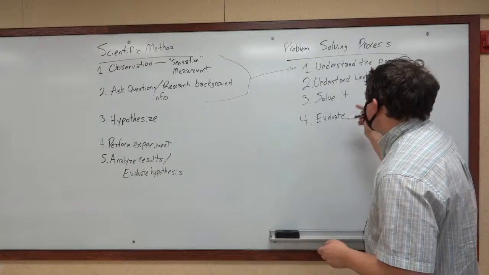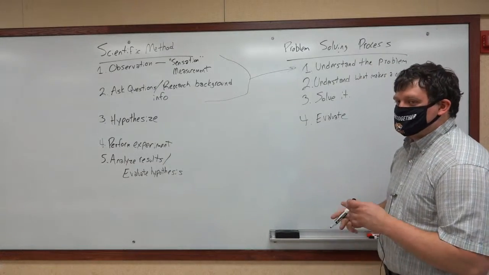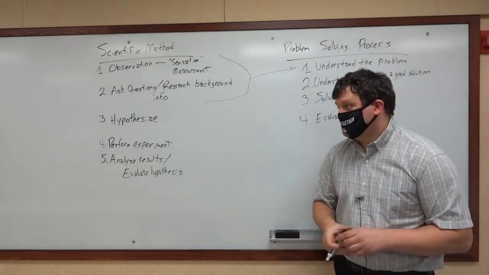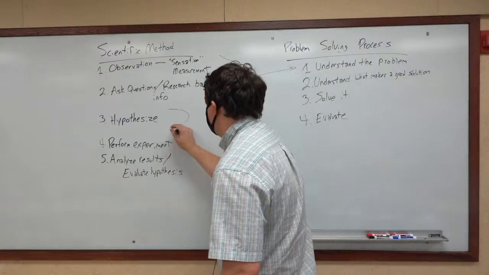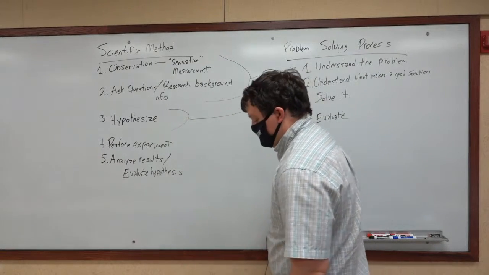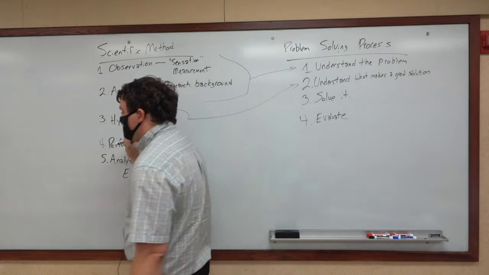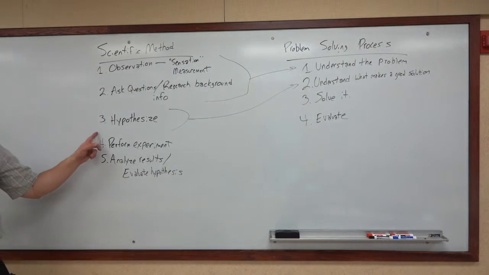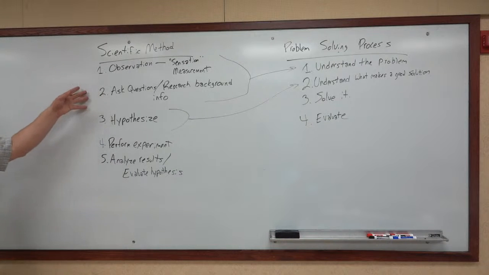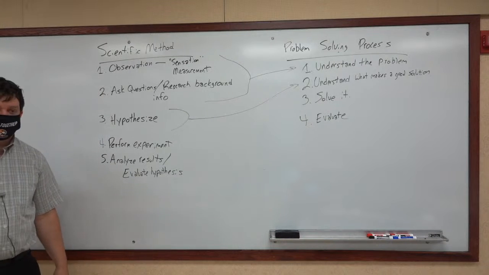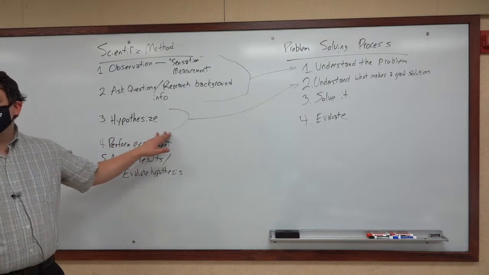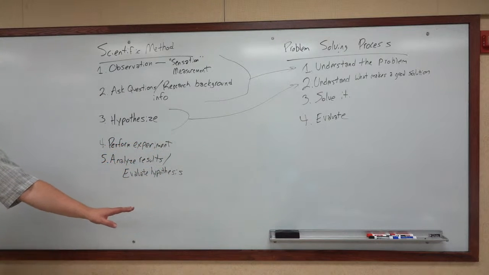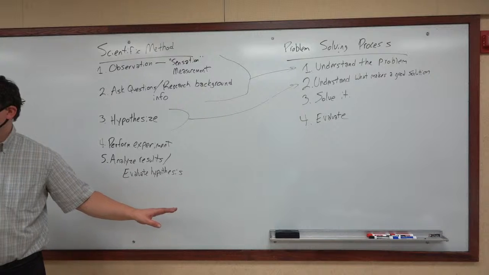Now you have a deeper understanding of what the problem really is, because now you can definitively state nobody understands this, or nobody has published information on this. Okay, what step is understanding what makes a good solution? It's the hypothesis. In your hypothesis, you are stating a definitive statement of why you think this exists as true. Your hypothesis is not your experiment. Those are two different things.